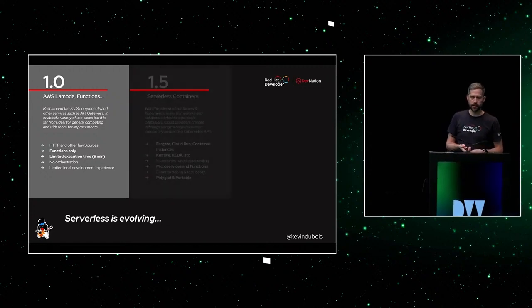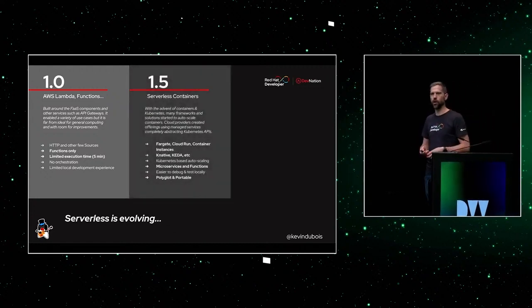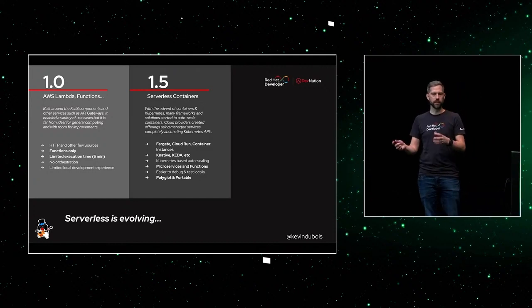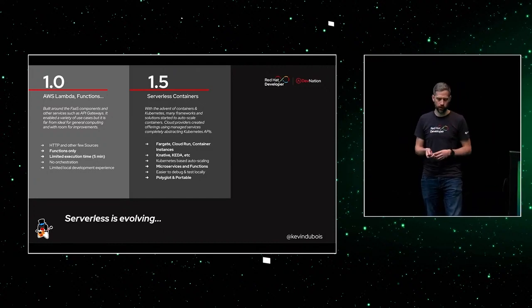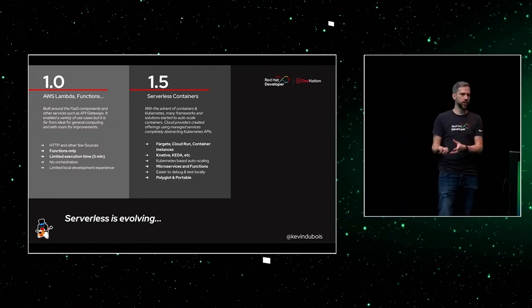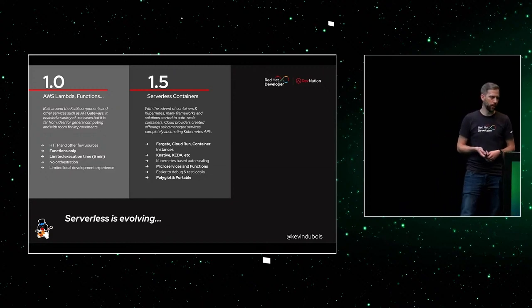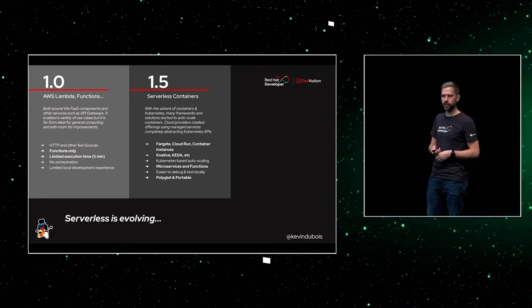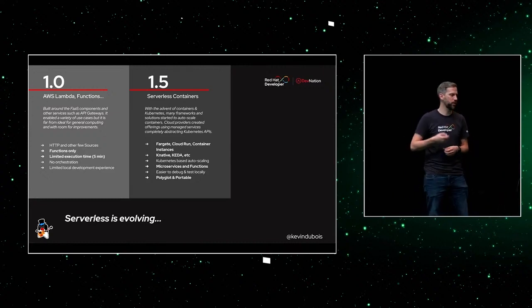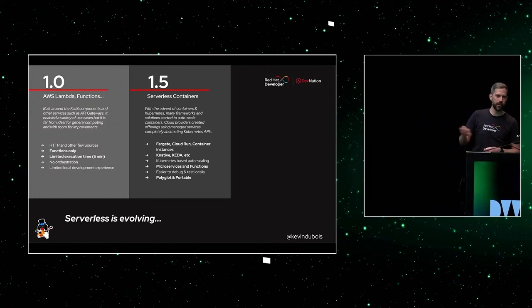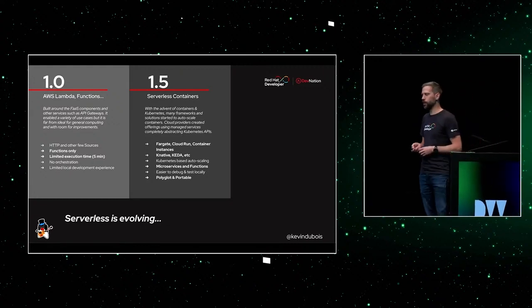You can use that concept with containers as well, and that opens up the box a lot more, because now you don't need to deal with specific libraries or dependencies in your code. You can just build regular containers and make those serverless. And yes, the cloud providers also have solutions for this. You have Fargate, you have Cloud Run, you have container instances from the different cloud providers.